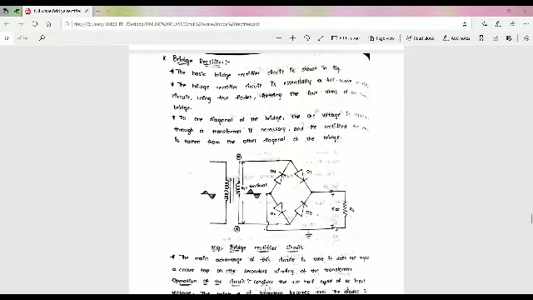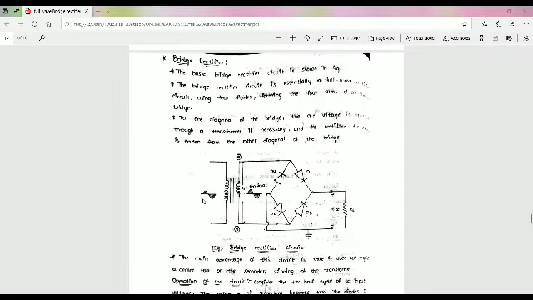In the next half cycle, when the polarity of the AC voltage is reversed, point B becomes positive. Diodes D3 and D4 are forward biased and D1 and D2 are reverse biased.